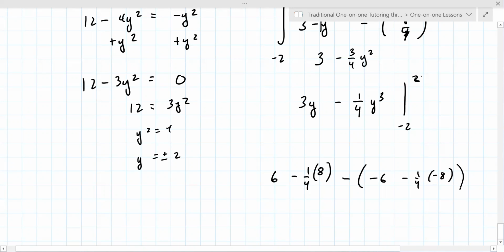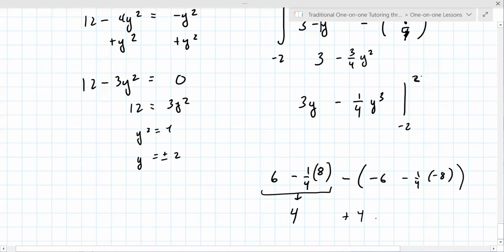So then that's 6 minus 2 cubed is 8, times 1/4, so 2.